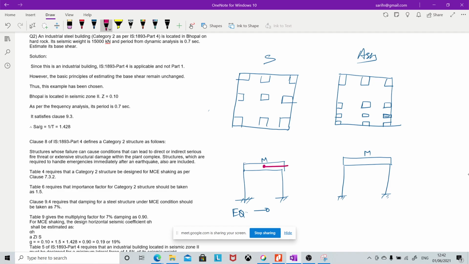The center of mass is the point where the earthquake load is going to get induced, just like the center of gravity, where the entire gravity force is going to be concentrated.